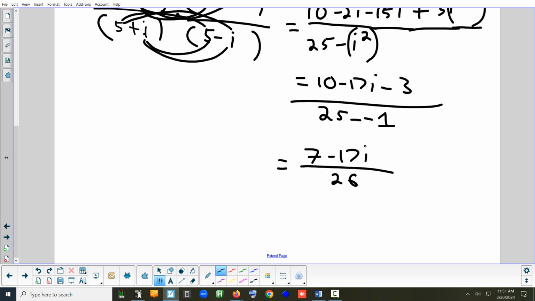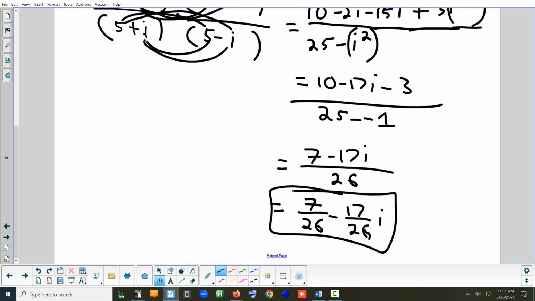And if you're going to write that in standard form, you need to split it. So it's 7 over 26 minus 17 over 26. So that's how you have to divide complex numbers if you use standard form. There's a lot going on. Look at all the things we did.